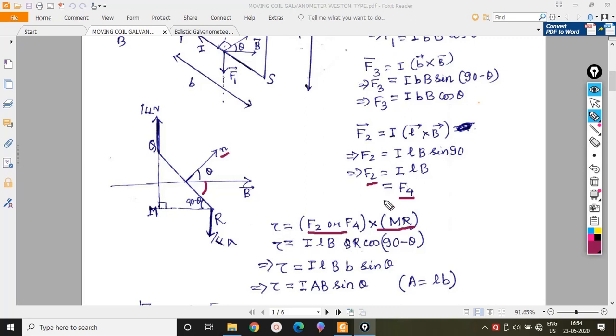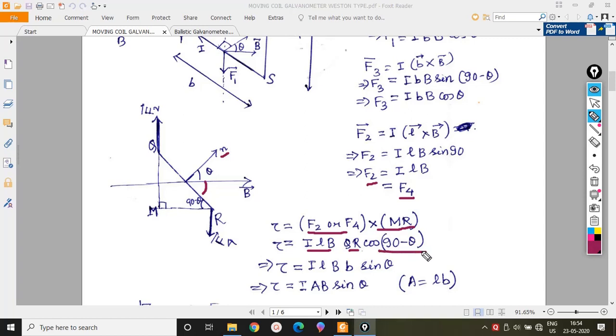Now torque will be F2 or F4, whose value is ILB, multiplied by MR. MR is the perpendicular distance between the lines of action of F2 and F4.